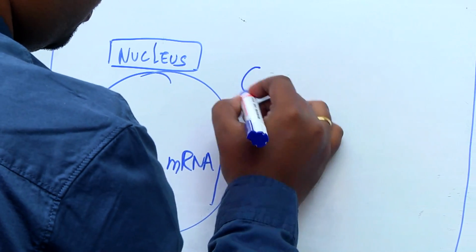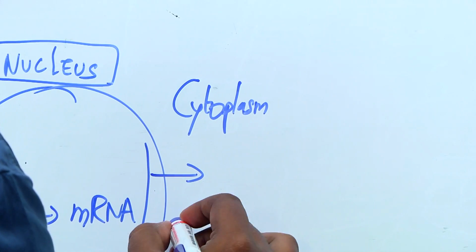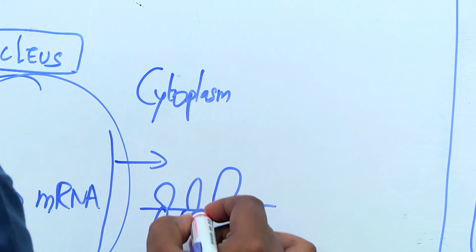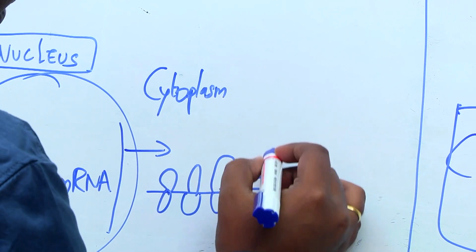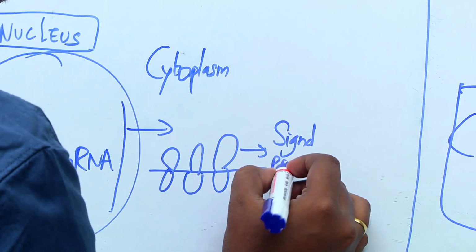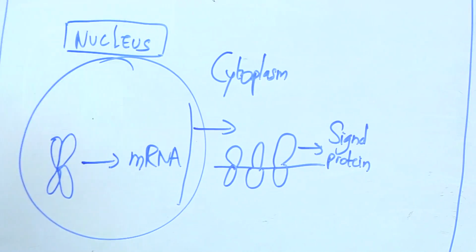So this comes out to the cytoplasm, where the ribosomes act on the mRNA and they lead to the formation of what is called the signal protein. This is the first step in the insulin packaging.